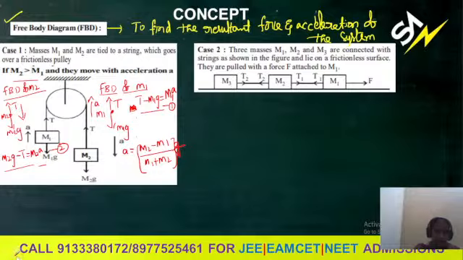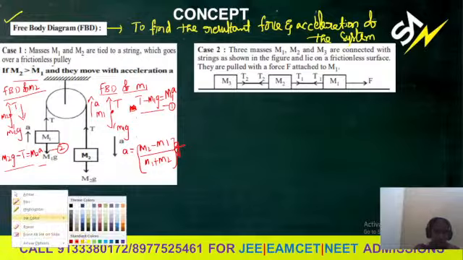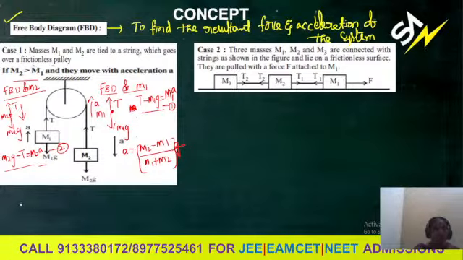And we have to find the tensional force also. In this situation, they can ask to find the common acceleration of the system and the force, which is the tension acting along the string.